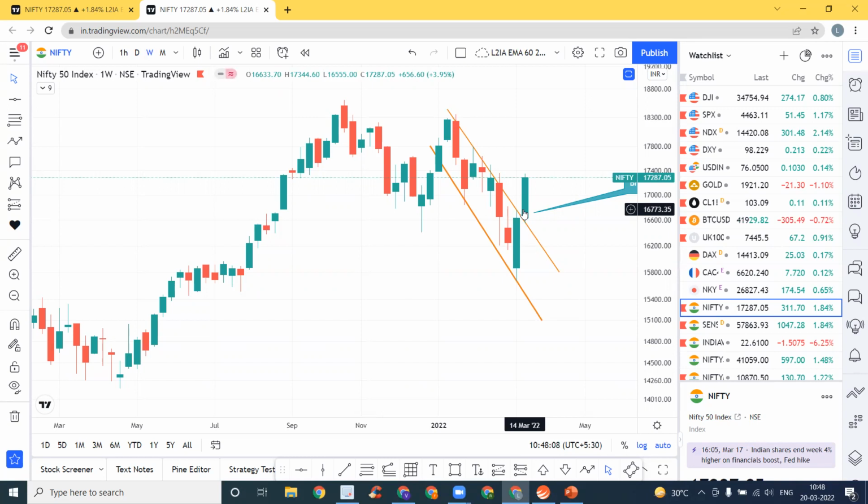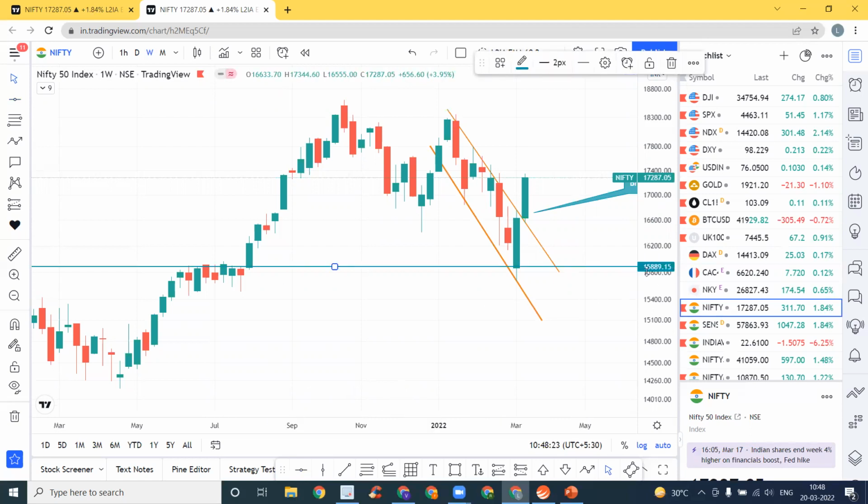But my concerns are many, and those concerns are telling me that you will still get a chance to get good buys around these levels. Nifty will come back to this level sometime, and you should have a good amount of money if you want to enter.